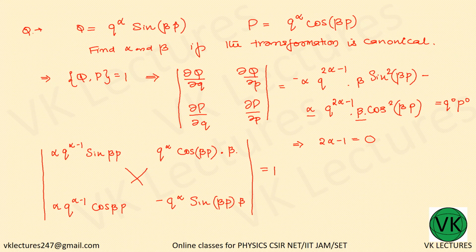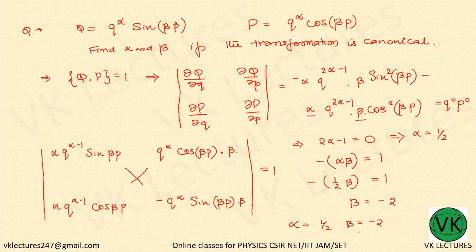So that means here you have again minus, so minus of alpha beta should be equal to 1. So 2 alpha minus 1 equal to 0 implies alpha equal to 1 by 2, and so minus of 1 by 2 times beta equal to 1, and beta equal to minus 2. So alpha equal to half, beta equal to minus 2.